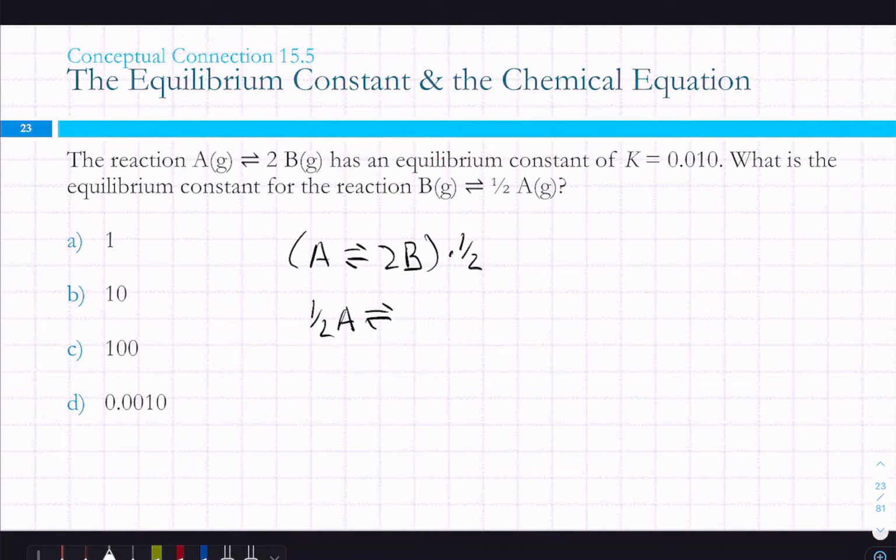So for our K value, this K would equal 0.010. If we multiplied all of our coefficients by 1/2, what do we have to do to K? Raise it to the 1/2 power. So this is going to be 0.010 raised to the 1/2, which is the same thing as the square root.